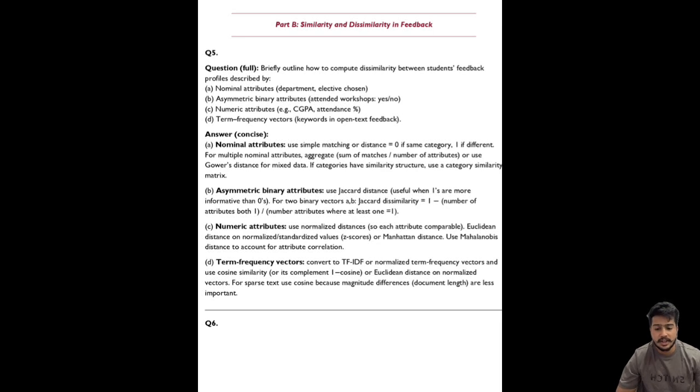Now for text, convert the term frequency to TF-IDF or a normalized term frequency vector and use cosine similarity, or the Euclidean distance on the normalized vector. For sparse text, use cosine because magnitude differences are less important.